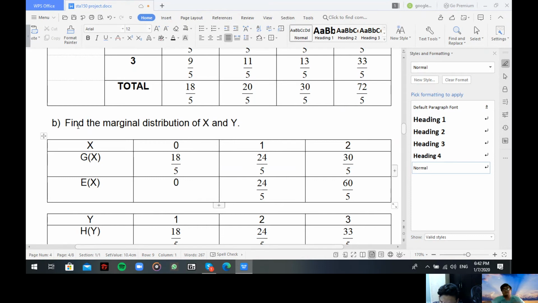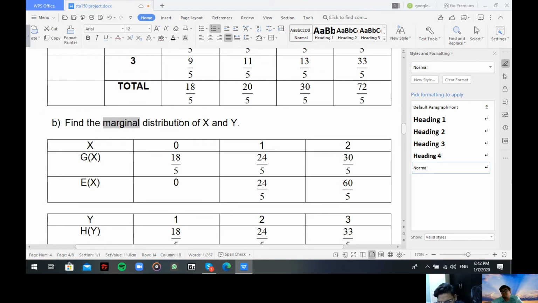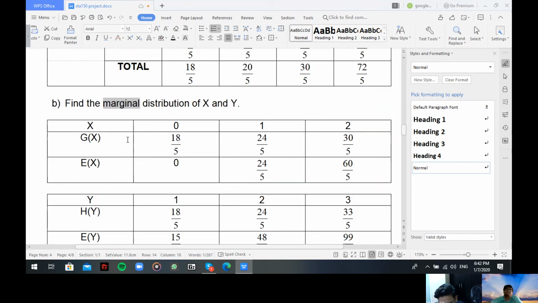Okay, for part B, find the marginal distribution of x and y. If you need to find the marginal, you need to find E(X) or E(Y). So the marginal is the mean. Actually, you need to find g(x), h(y), and E(X) and E(Y) if the question asks you for the marginal distribution.